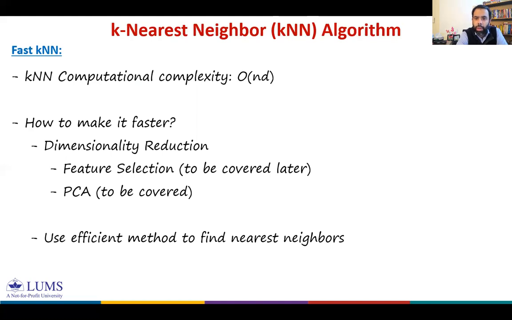Right. So if you recall, this computational complexity of kNN, n times d, is due to two reasons. Okay, the primary reason is we want to compute the distance of your test point to every point in the feature space, right? And that is the origin of this nd.